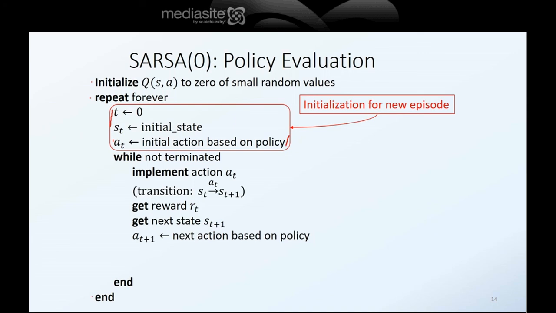And then AT plus 1 is the next action based on the policy that we again need before the Q learning step. So now we are using this AT plus 1 also for Q learning. And this is the usual update rule. And then we increment T to T plus 1. So this is Sarsa 0. Why the 0 here, you'll understand in the next set of slides.